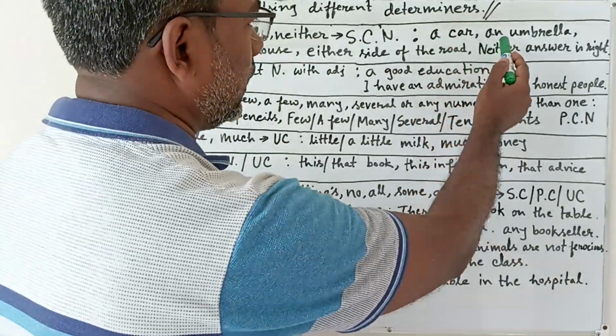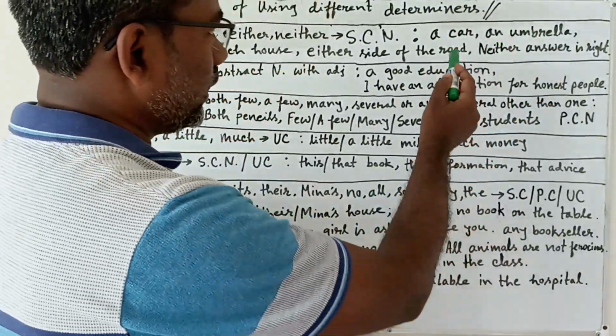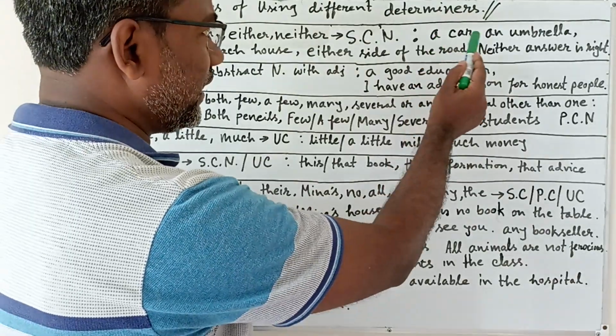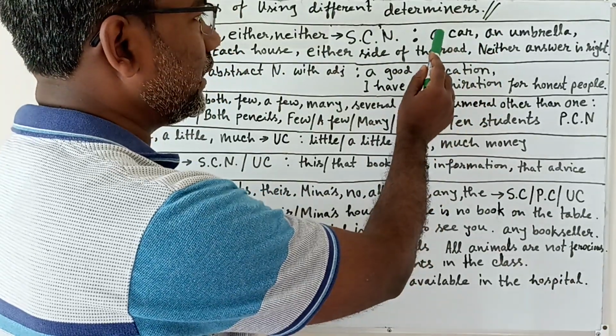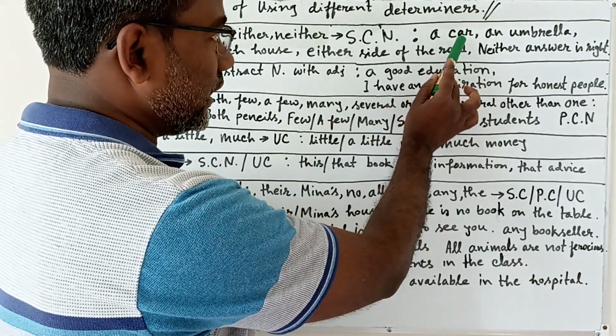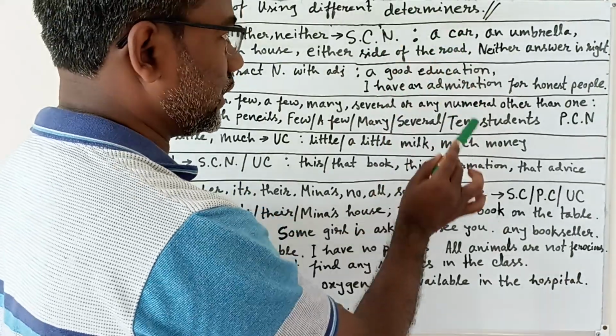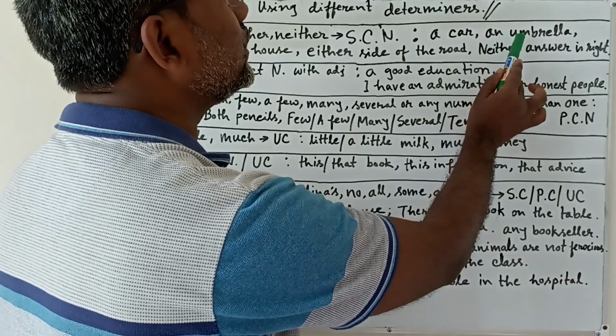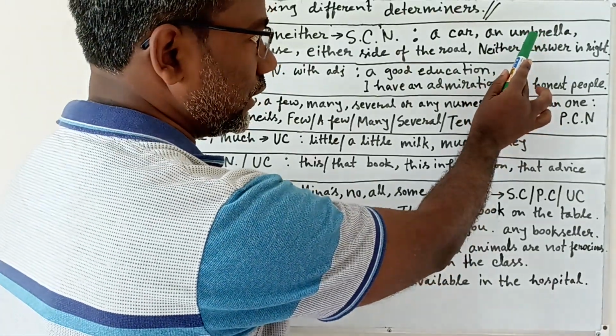A car, an umbrella. There is a rule of using a and an. A goes with the word that starts with consonant sound, and an goes with the word that starts with vowel sound.